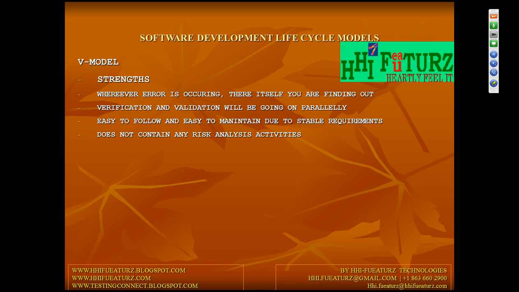That is the advantage of the V model. Then verification and validation go parallelly, and it is easy to follow and easy to maintain due to stable requirements. Even for the V model, only if your project has stable requirements do you go for it. Otherwise you cannot go for the V model.